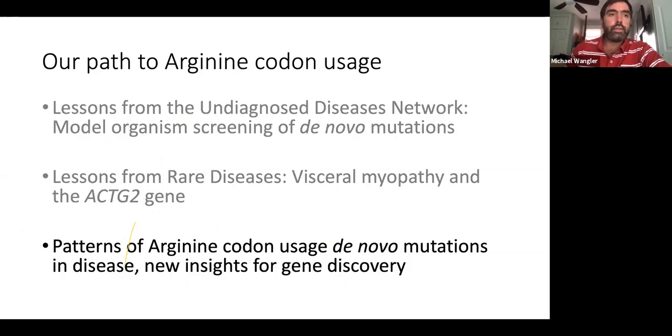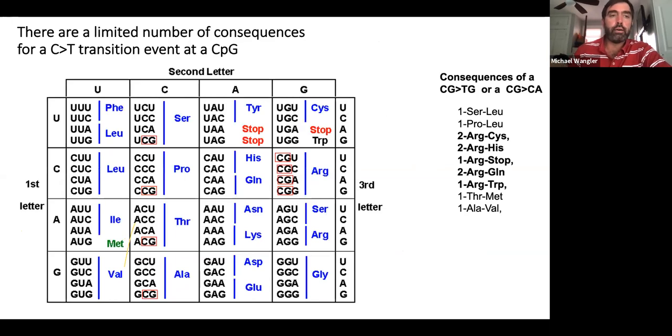All these things led us to think more about just the basics of arginine substitutions. Very, very basic stuff that Marshall Nirenberg would have noticed back when the genetic code was being defined.